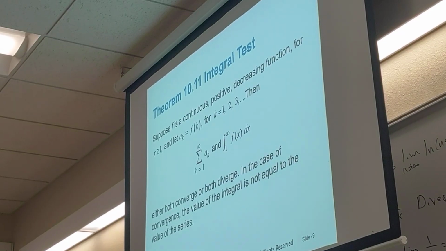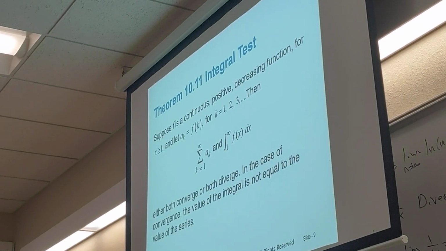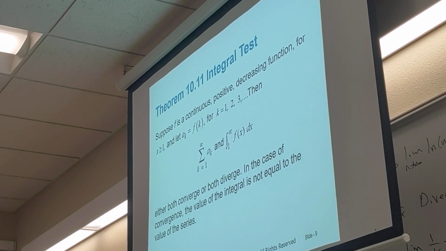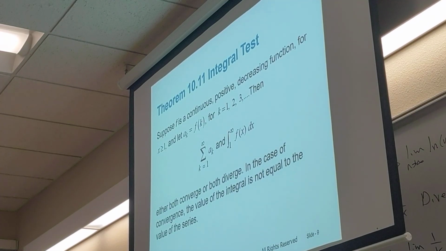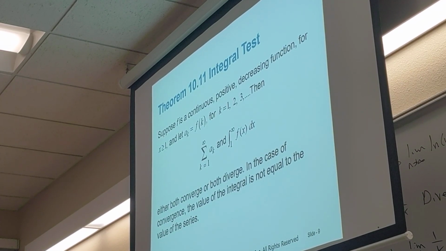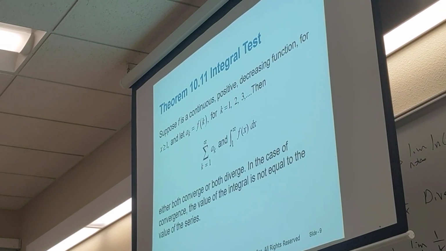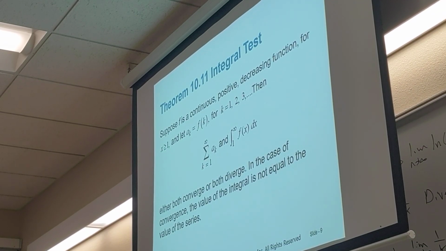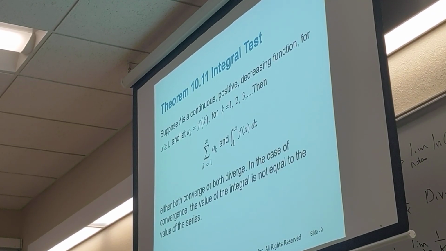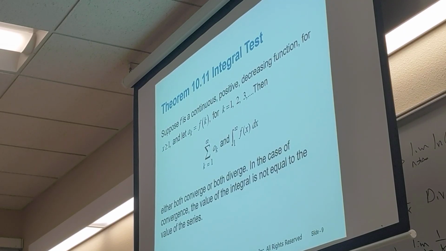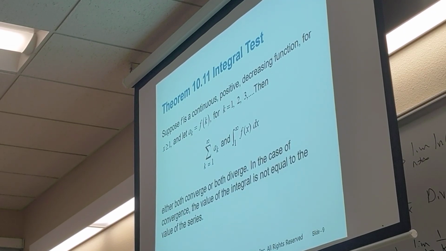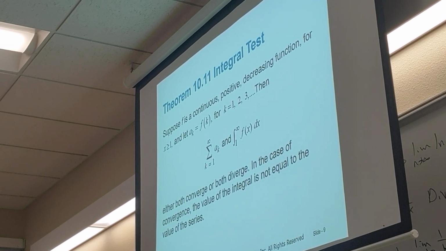Those three things must be true. It has to be continuous. If you draw a graph, you can draw it without lifting your pen. There are no breaks, no vertical asymptotes. It must be positive, above the x-axis. Decreasing from left to right, it always has to be going down. It can never go back up.